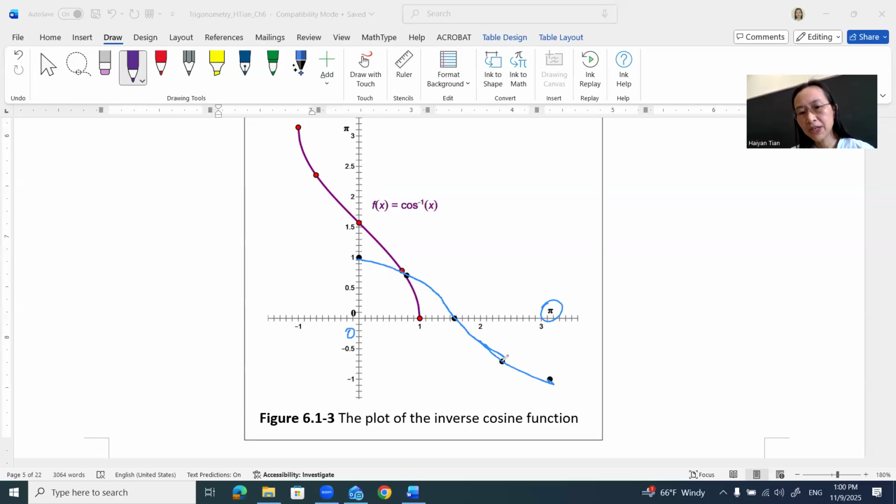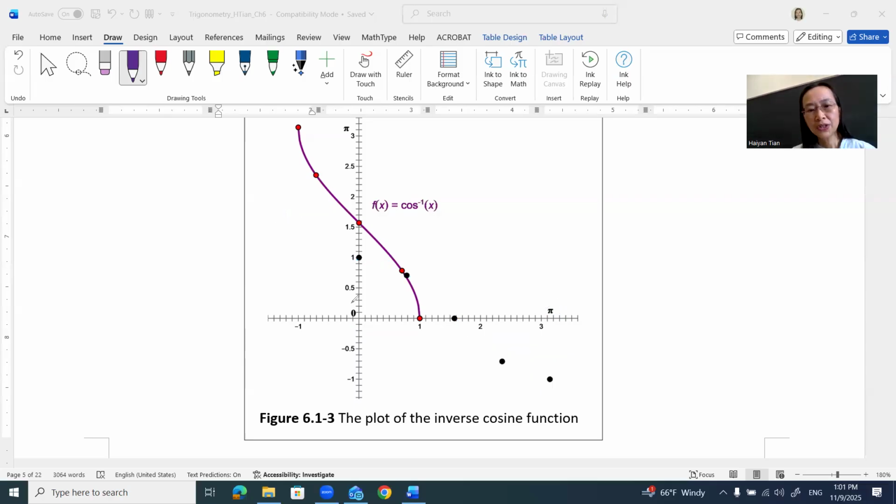If you know (a, b), then immediately you can find the corresponding point, which is here, (b, a). Whatever point you have for the cosine, you can find a point for the inverse cosine.